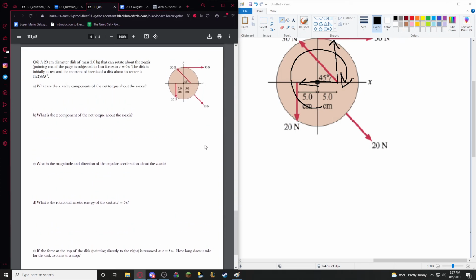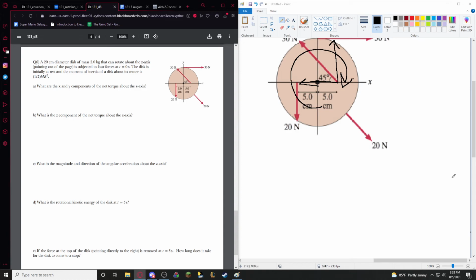So then, what would be the rotational kinetic energy of the disk after 5 seconds? So we would use the equation omega, right?